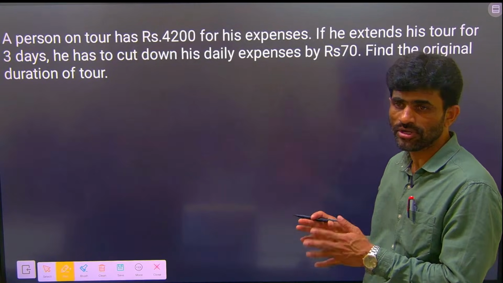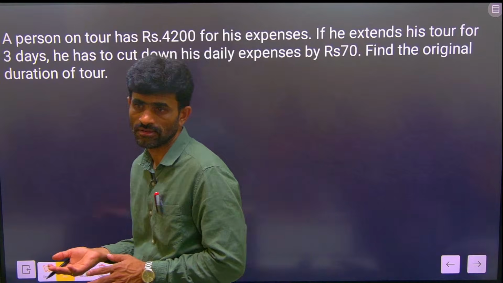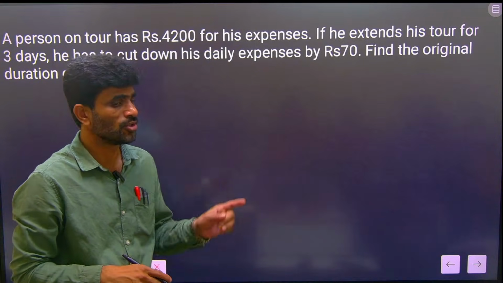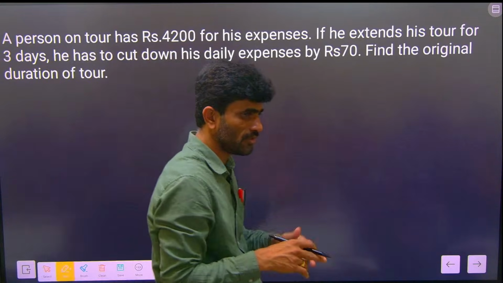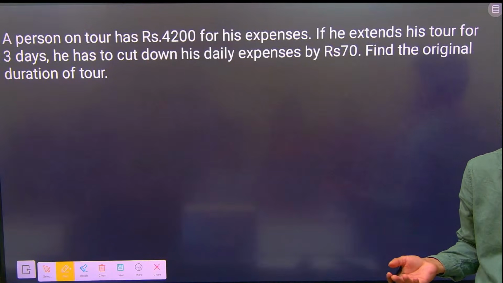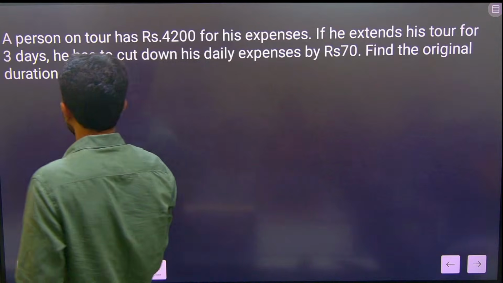We have the same amount. The amount is not changed. With the same amount now, you have to spend 3 more days. So expenditure per each day will be reduced. Do you remember we did one problem? Rectangle length increases, breadth decreases, area increased or decreased. So like that only here also. What do we do?